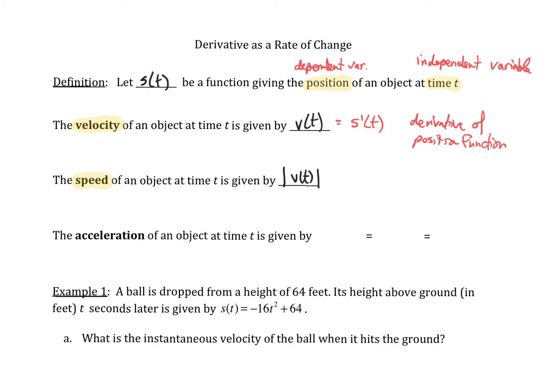When we look at the speed of the object, we don't care whether it's going positive or negative. We just know the magnitude of the velocity. So the speed has no direction, or you could think of this as it has no sign. So it's always positive.